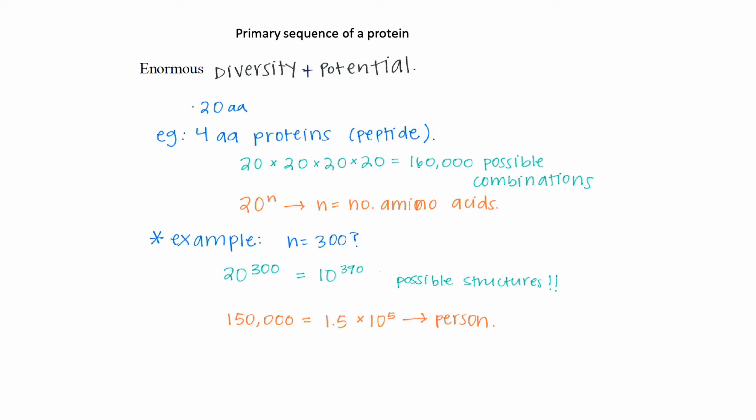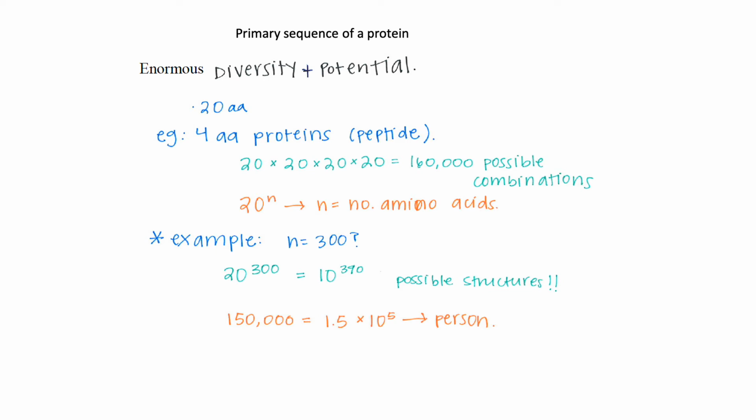So we have 20 amino acids. Each amino acid can be linked in a chain. The next one in the chain could be any one of 20, and the next one in the chain could be any one of 20, and the next one in the chain could be any one of 20.